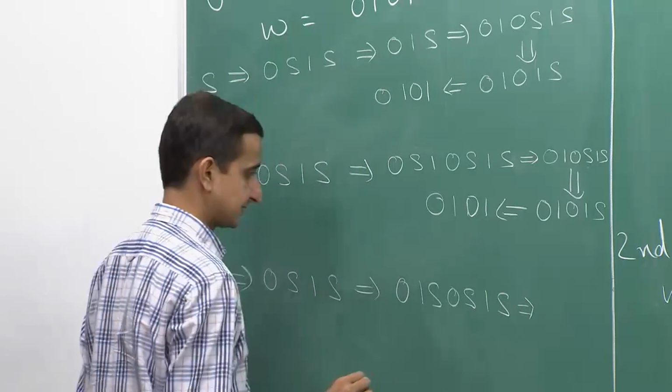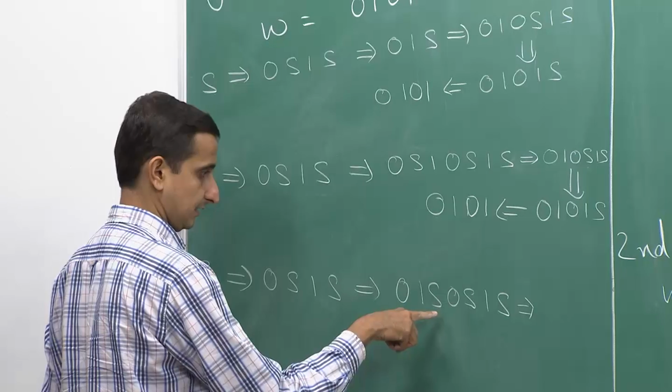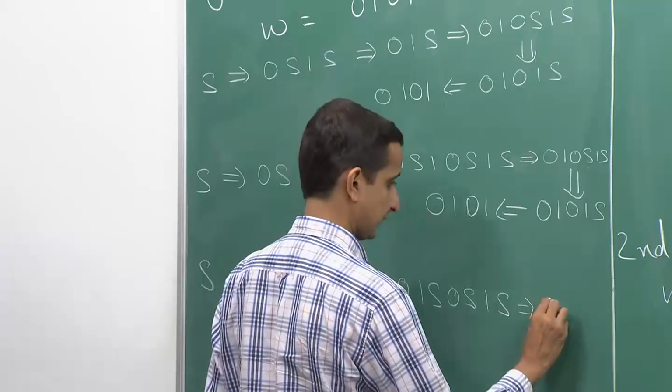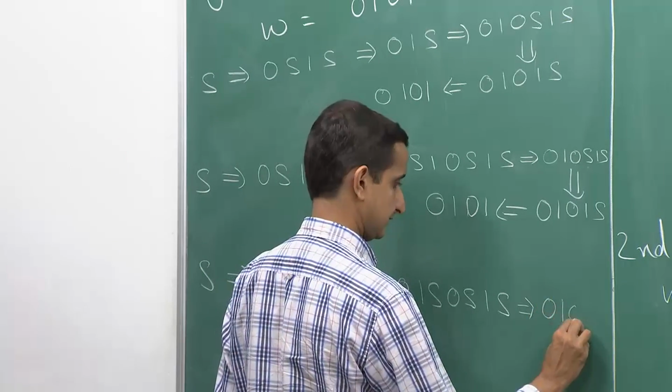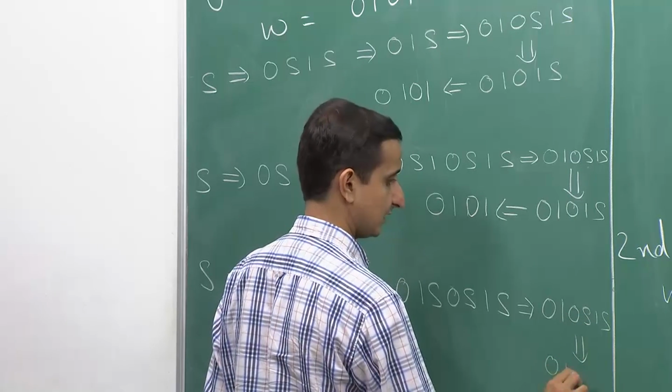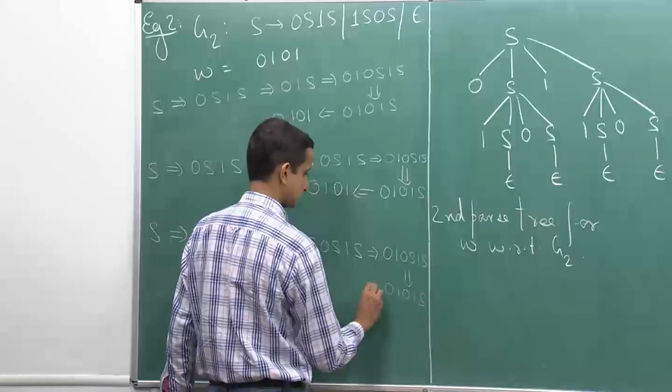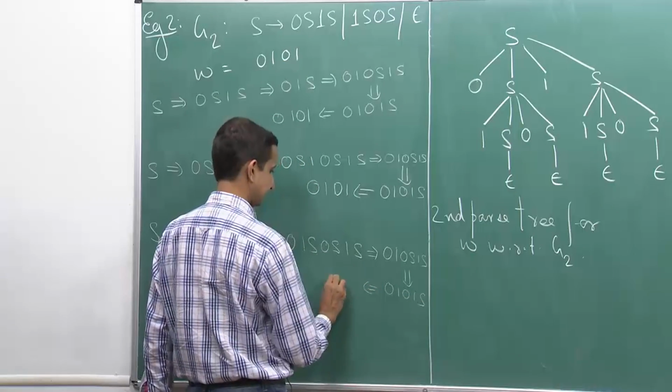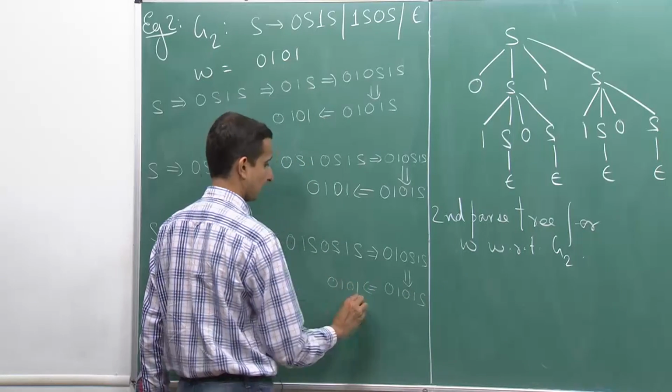Next, I replace the first S with epsilon. So I get 010S1S, then I get 0101S, and then I get 0101.